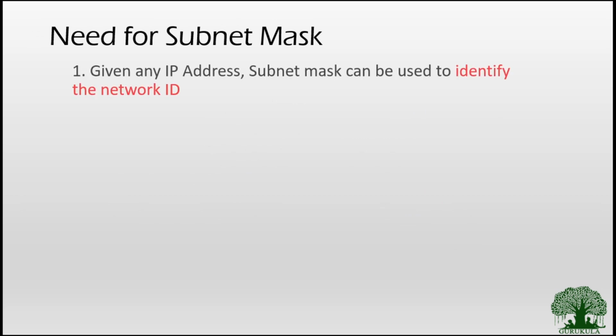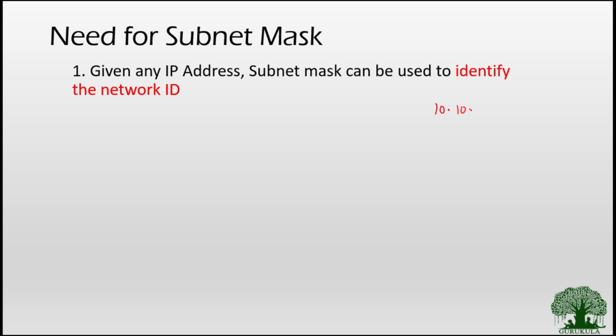So what happens when we perform subnetting? Let's first try to understand the need for the subnet mask. Given any IP address, a subnet mask can be used to identify the network ID. If subnetting is not performed, identifying the network ID is very easy.